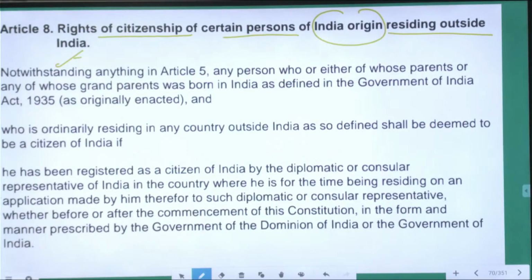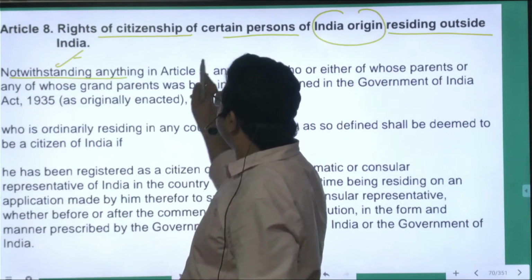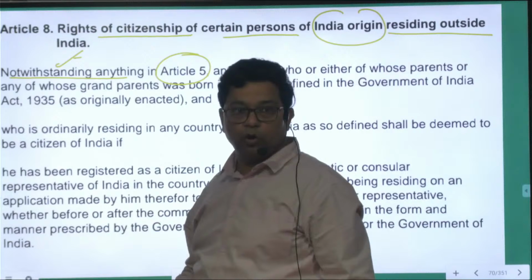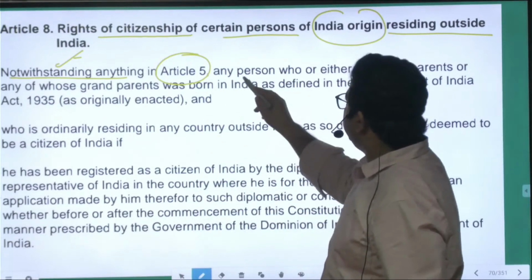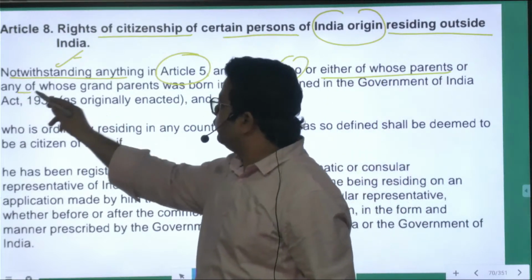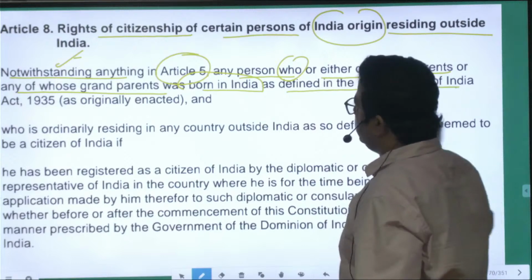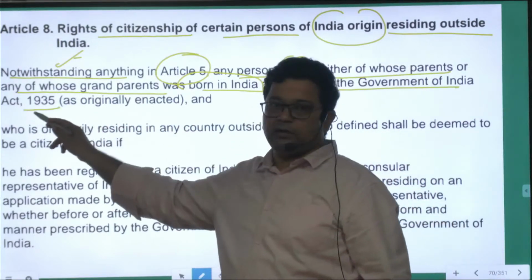That is given by Article 8 of the Constitution. Article 8 says that, anything mentioned in Article 5, any person who, or either of his parents, or any of his grandparents was born in India as defined in the Government of India Act 1935.